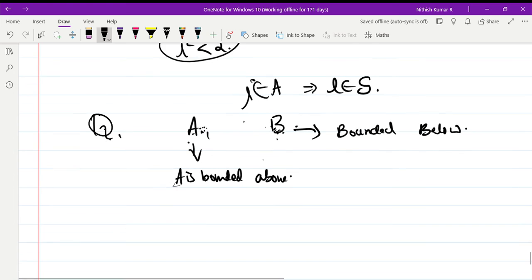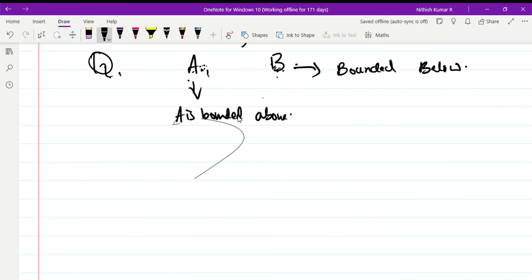Now suppose my A has a supremum. Say let alpha be equal to the supremum of A over Q.